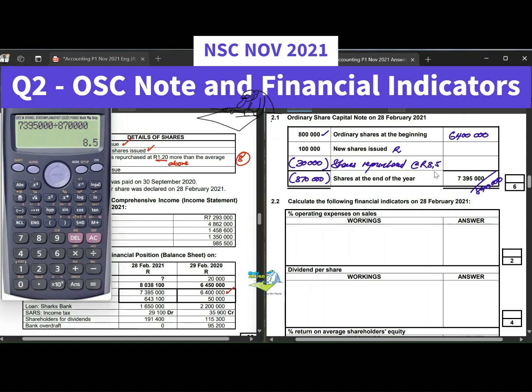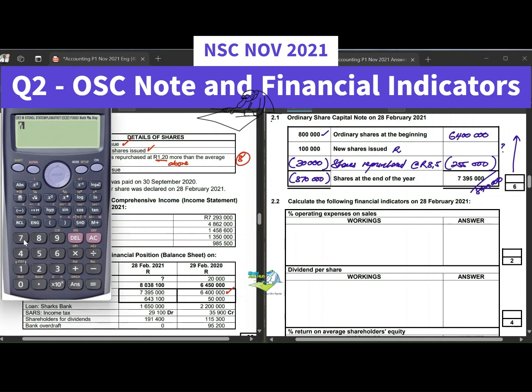Then I will now say my 30,000 shares multiplied by 850. And then I'll end up with 255,000. That is what I have there. So that is how I then get my amount for the repurchase of shares. I now need to get that amount up there, which is for the new issue. So I do the bottom up. I do the reverse of the signs.